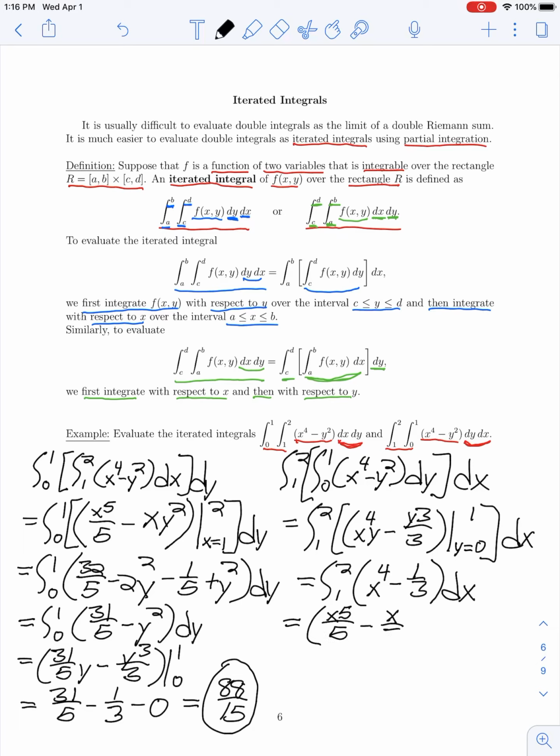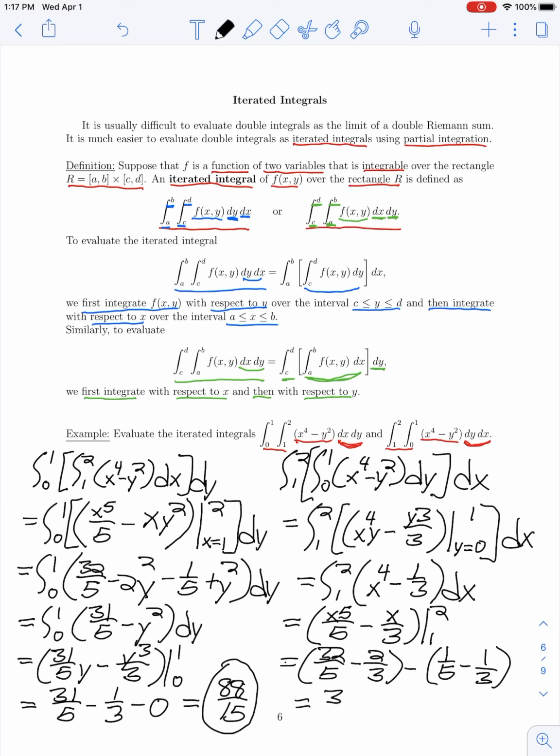So we've got the following. And finding the antiderivative with respect to x, we then have x to the 5th over 5 minus x over 3, which we're evaluating from x equals 1 to 2. So when we substitute 2 for x, we have 32/5 minus 2/3.